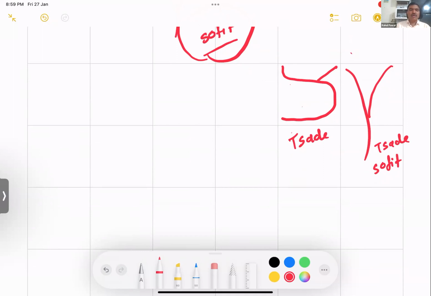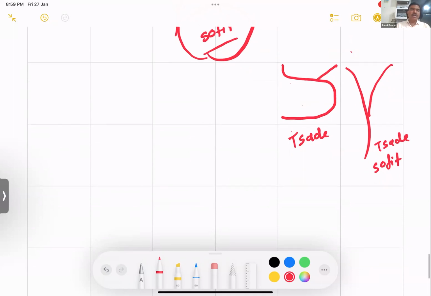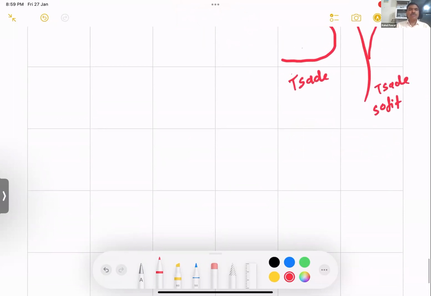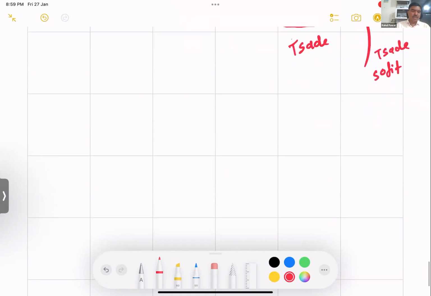Okay. So after Sade is Kof, the only consonant whose line goes below the line of writing. Now, how to write Kof? See, this line goes below the box.